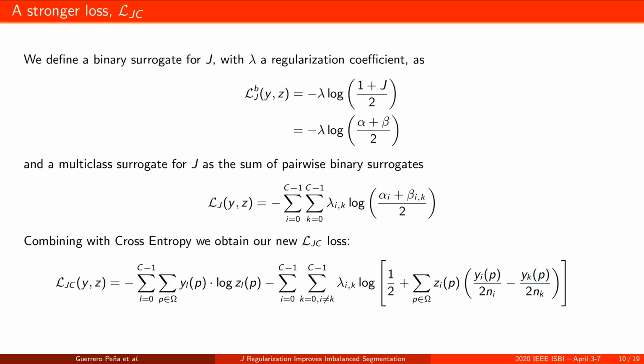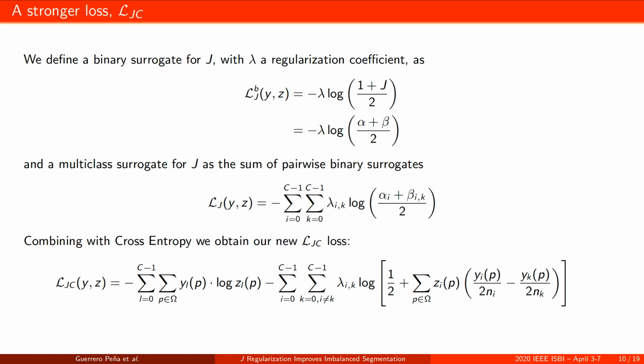We can then define a binary surrogate for the index in terms of logarithm, as is shown by the top two expressions on the slide. Since this is a binary surrogate, and we want to have not only two, but multiple classes, we need to expand the surrogate to multiple classes. We do this by taking the sum of pairwise binary surrogates. We thus obtain the expression shown in the middle of the slide.